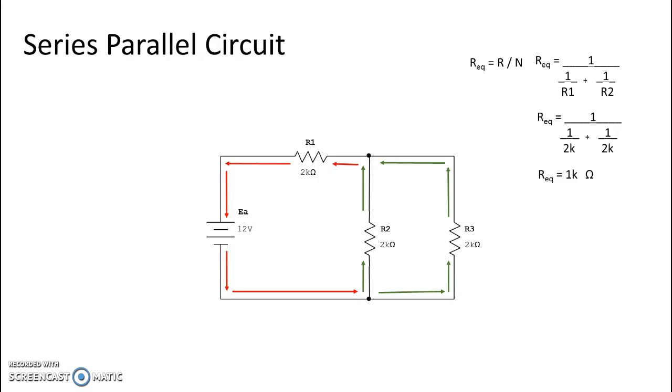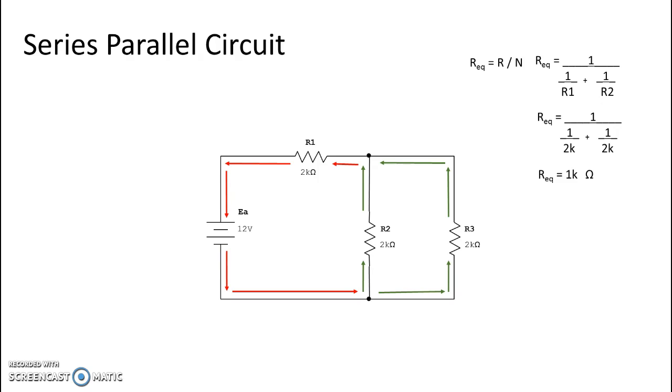The R over N method is pretty simple. It's a little shortcut to get to a total value without having to put it into your calculator. You take the number of branches that have the same resistive value, and you take that resistive value divided by that number.